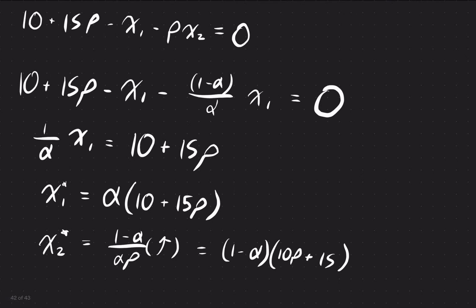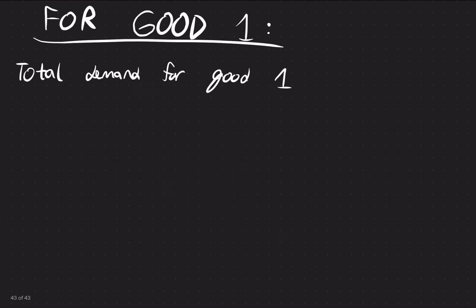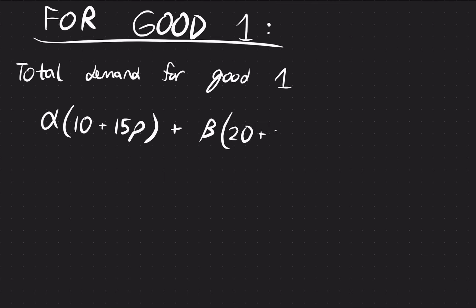So what we're going to first do is find the total demand. The total demand for good 1 is going to be equal to person 1's optimal choice of good 1, given the price ratio, plus person 2's optimal choice, which I'm just going to spoil it for you. It's going to be beta times 20 plus 35 rho.